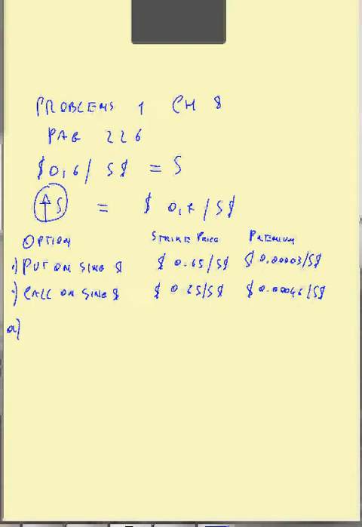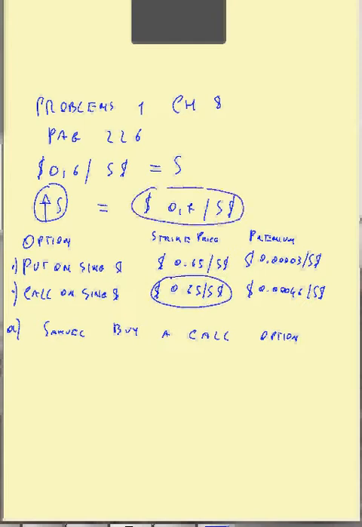So in this case, Samuel can buy a call option, because if he buys a call option, he can, after 90 days, buy currency at this exchange rate, which is lower than the hypothesis of the future exchange rate, paying this premium.